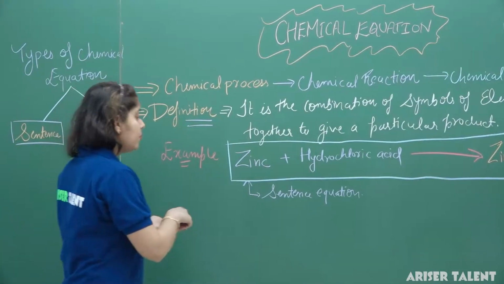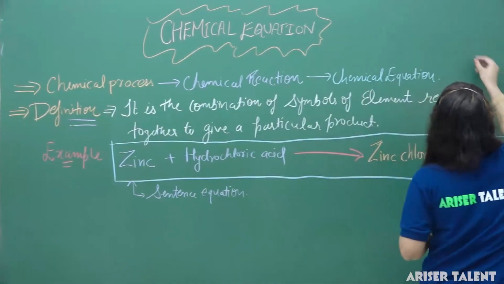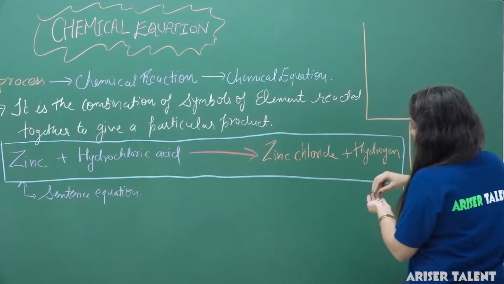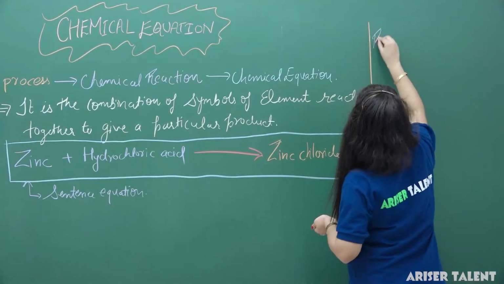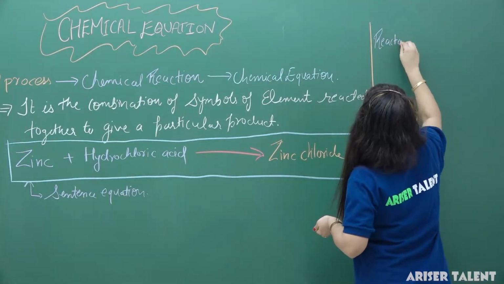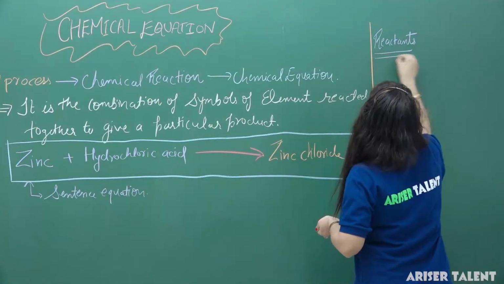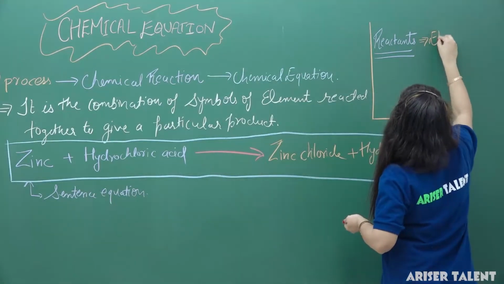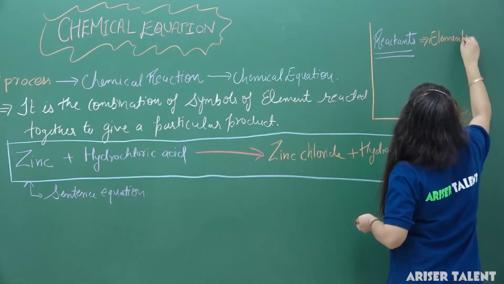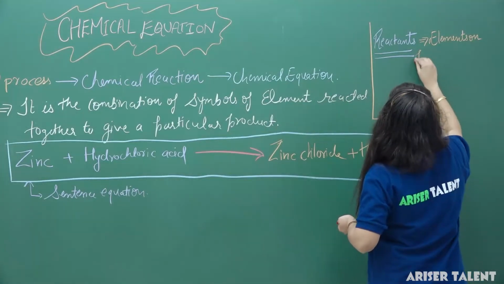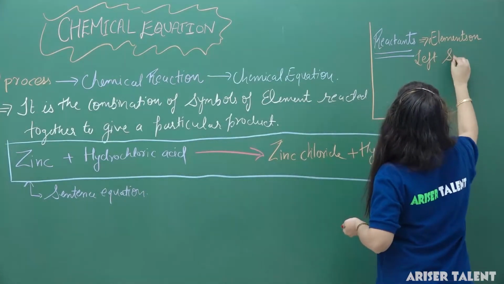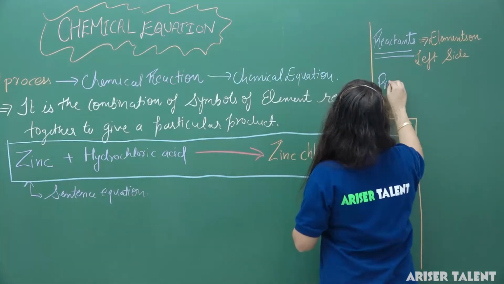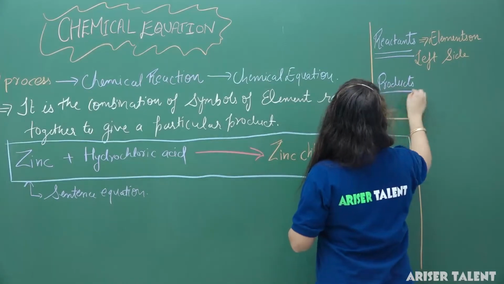So we have three terms to identify here. One is reactants. Reactants are the elements which are present on the left hand side of the equation. The next term is products.